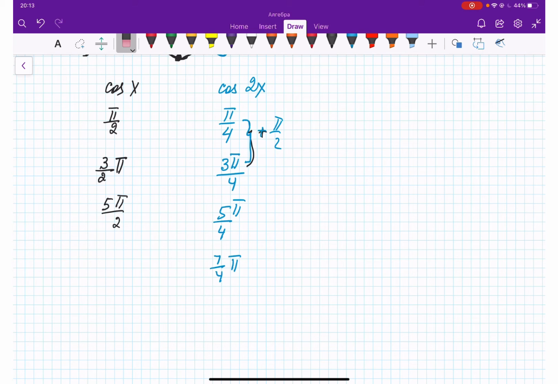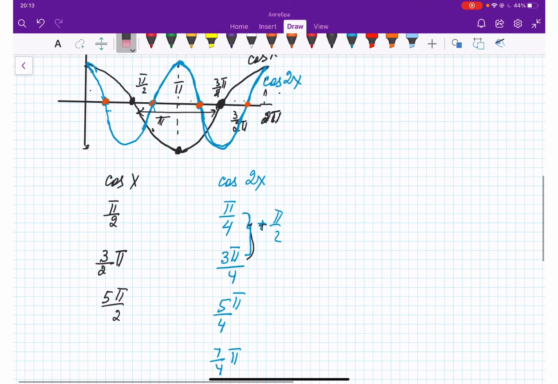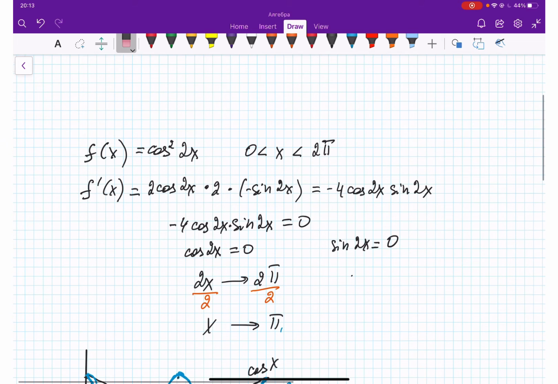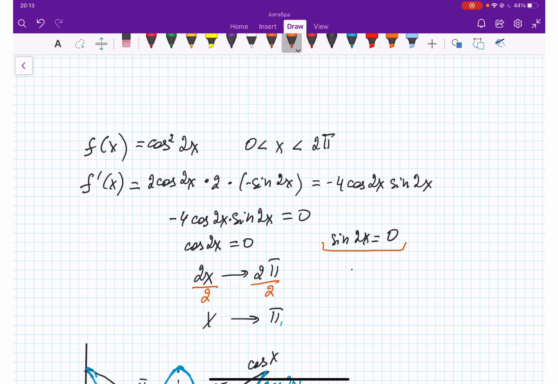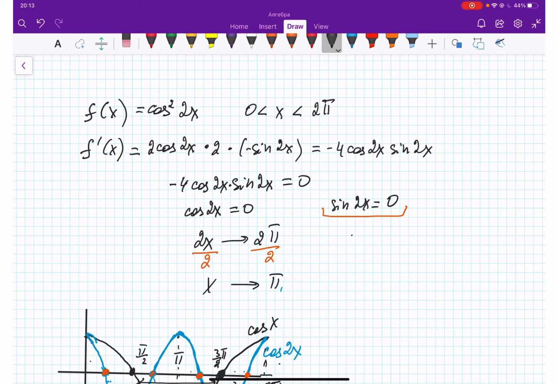Now we need to identify critical points for sine 2x. Here it is, right? Sine 2x we have. In the same way, because for sine x, usually it has the period 2 pi, but with 2x the period is pi, which means period for x is going to be only pi, right?